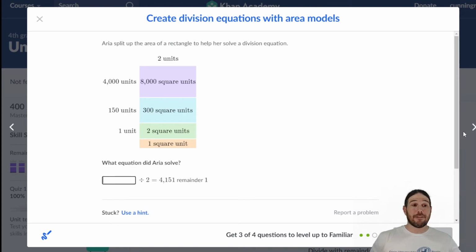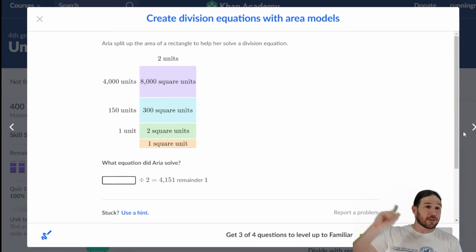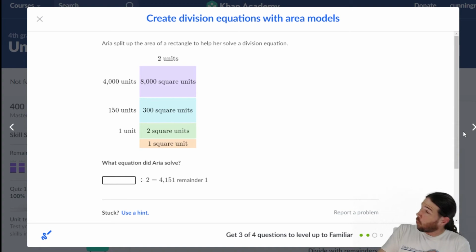So here we have another one. We've got 2 units across the top, so we're dividing by 2. That's already shown in our answer. And it looks like along the side there is 4,151, which is the answer. There's 1 square unit remaining. So what is it that was divided? Well, you take the area and divide it by the width to get the height.